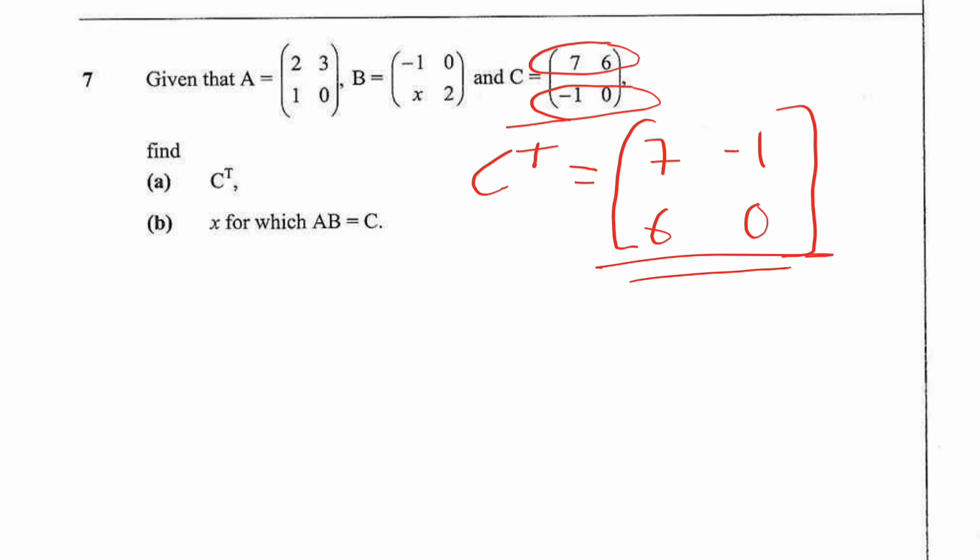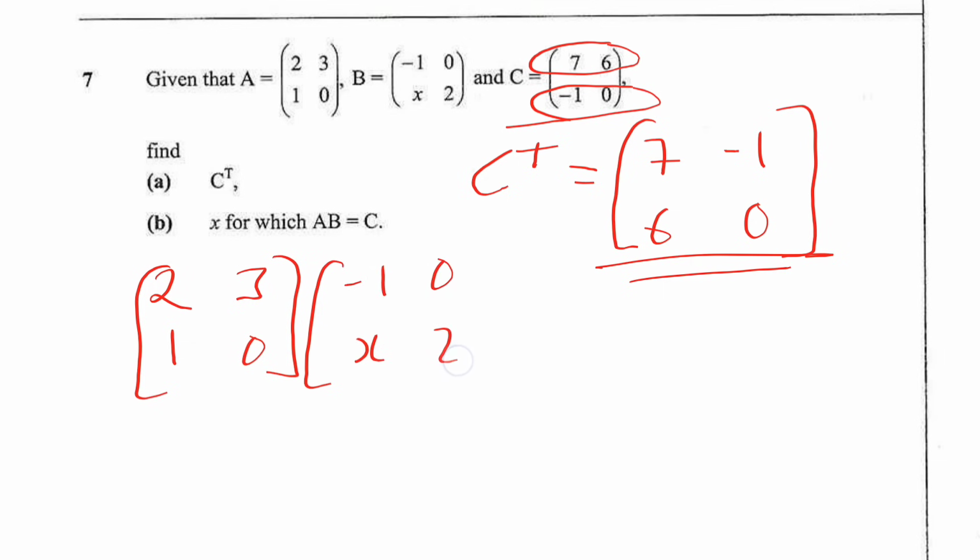Then the second question is saying, find the value of X for which AB is equal to C. Okay, so this is very simple. So A multiplied by B, so matrix A, which is 2, 3, 1, 0, multiplied by B, -1, 0, X, 2.